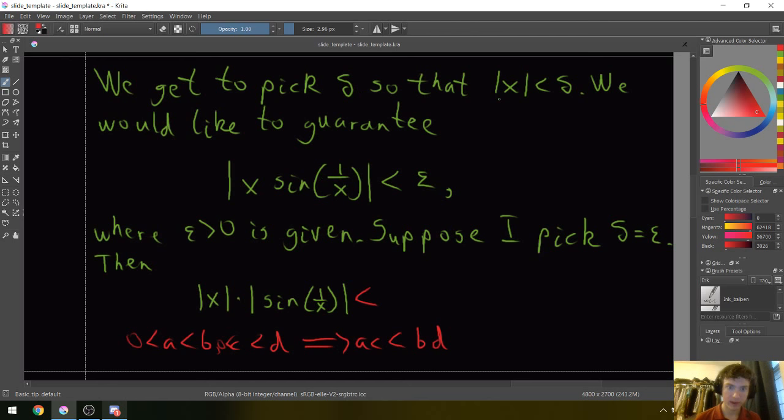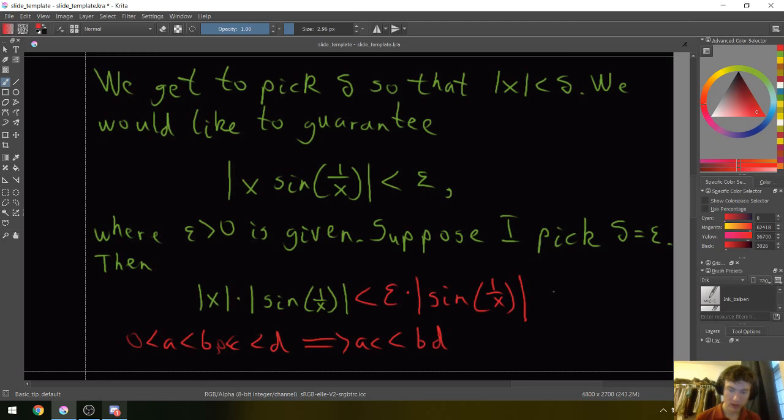So we have assumed absolute value of x is less than epsilon, which is the same as delta by our choice. So this is less than epsilon times the absolute value of sine 1 over x. Okay.